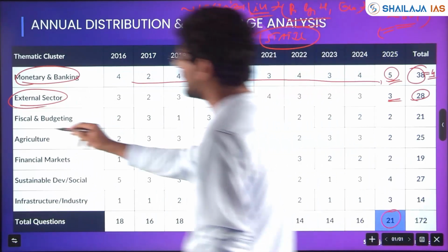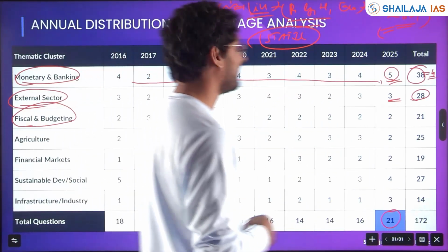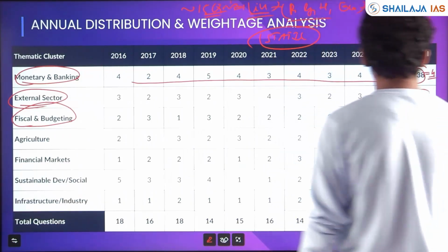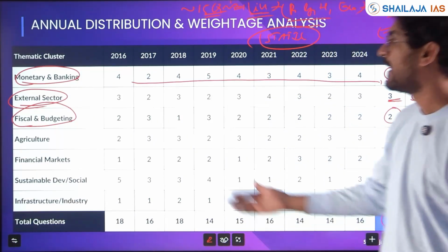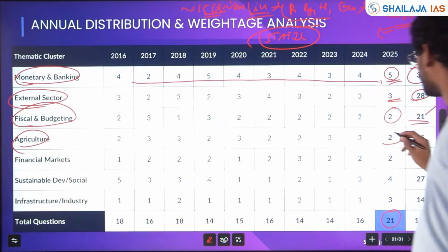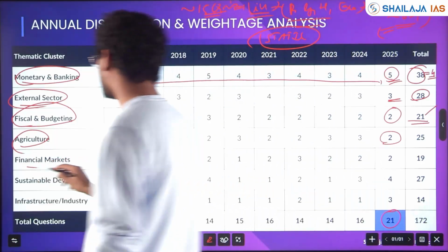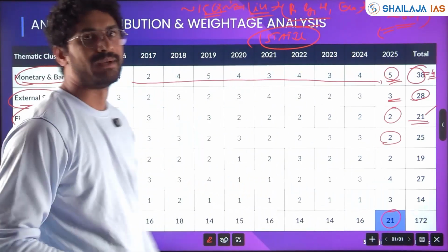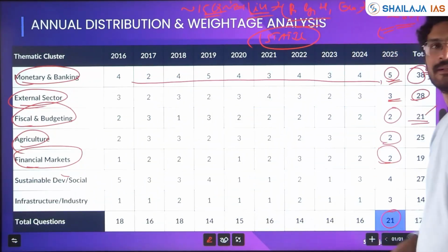Next, fiscal and budgeting, okay, fiscal policy, the policies of government, taxation, all this becomes very important. 2 to 3 questions are coming from this every year also. Next you have agriculture. There also you have 2 to 3 questions coming every year. Then you have financial market, okay, capital market, money market. Every year there also 2 questions are coming.